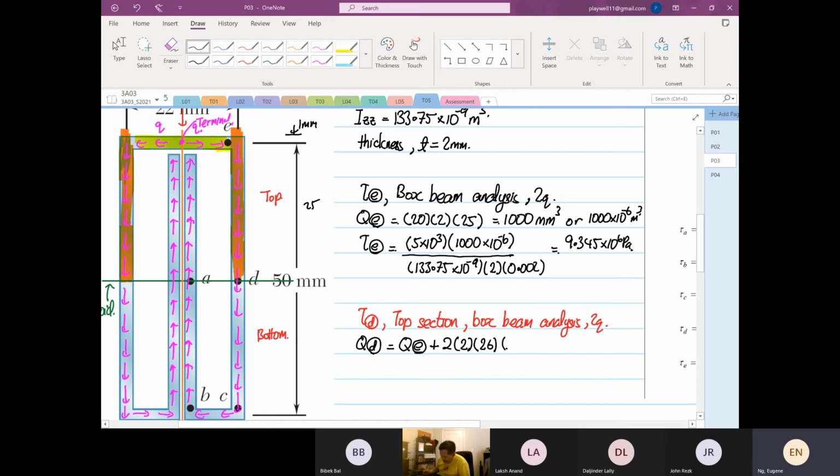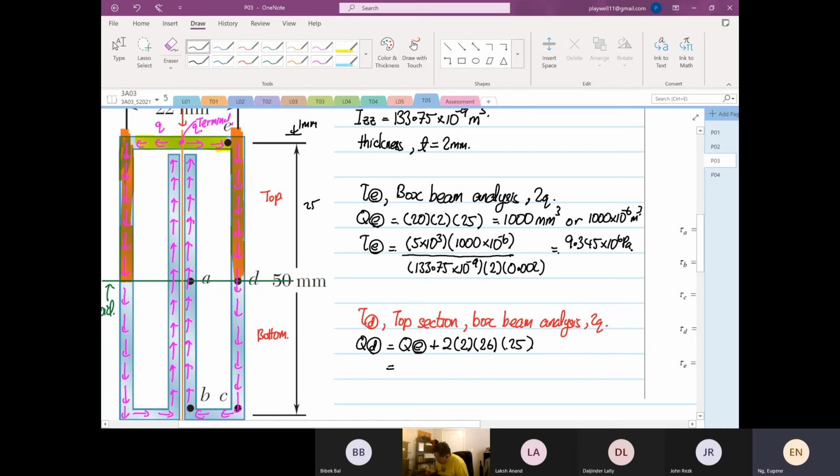And then the Y bar. The y bar from here will be at 25, because of the center.